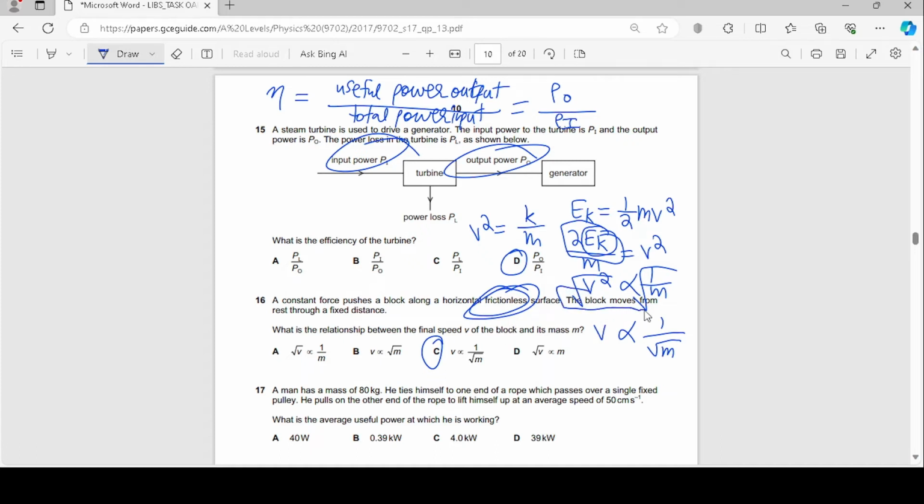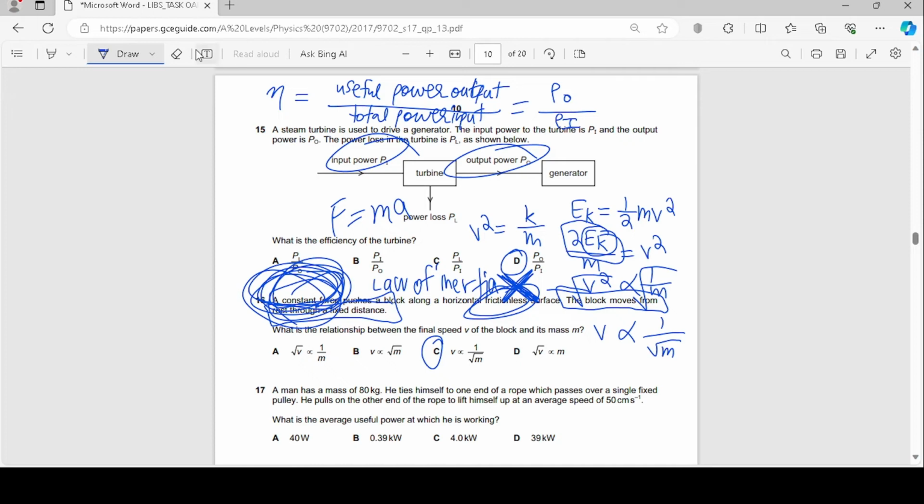The block moves from rest through a fixed distance, okay? But I would assume it's a constant force. So then the law of inertia, which is Newton's first law, would not apply, because you do have acceleration if you have a constant force being applied.